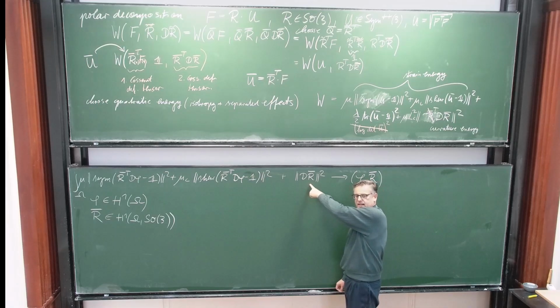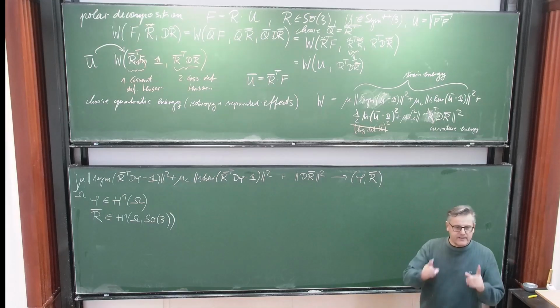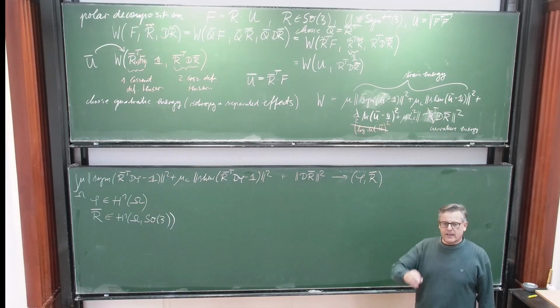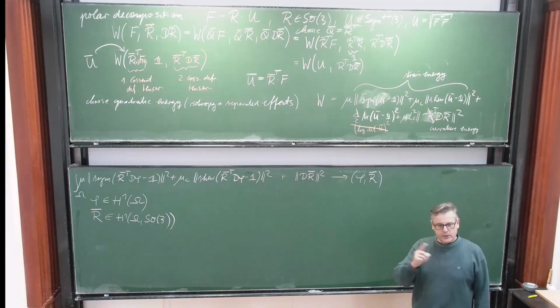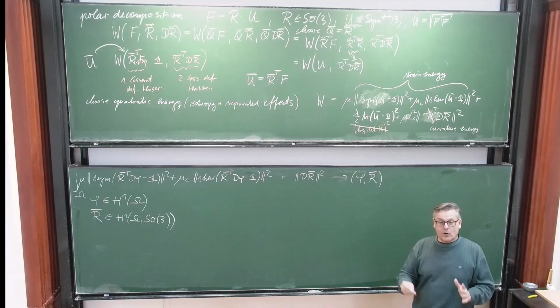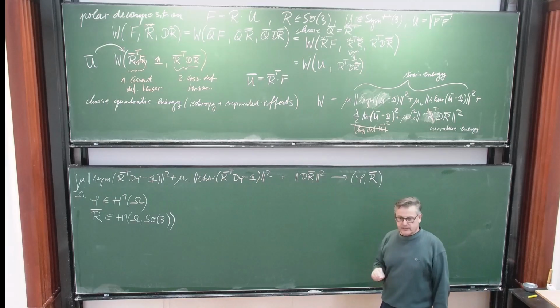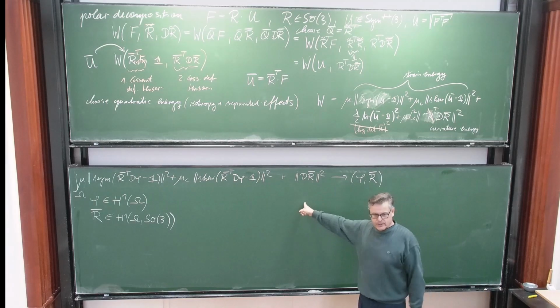And now this is a nice feature of orthogonal matrices. If you consider their Frobenius norm, it's bounded, it's square root of 3. This is not true for infinitesimal rotations. Infinitesimal rotations are skew-symmetric matrices and can be arbitrarily large. The rotations, the orthogonal matrices, are all automatically bounded, and that means we have an L infinity bound of the rotations.